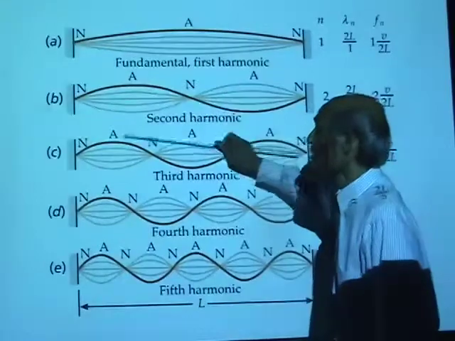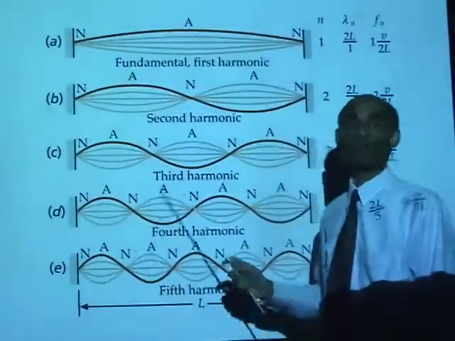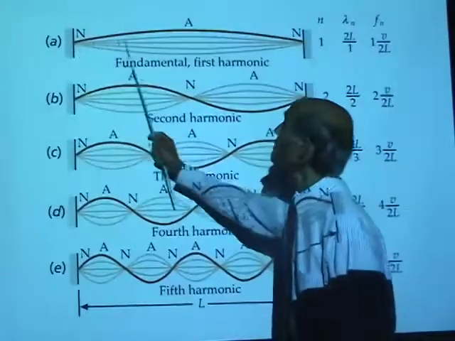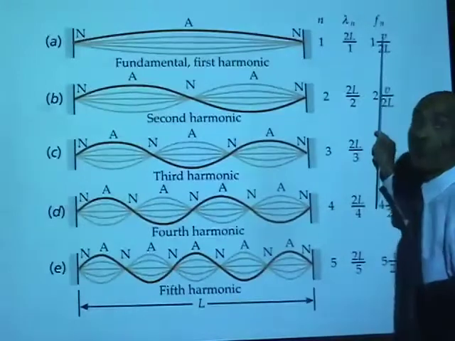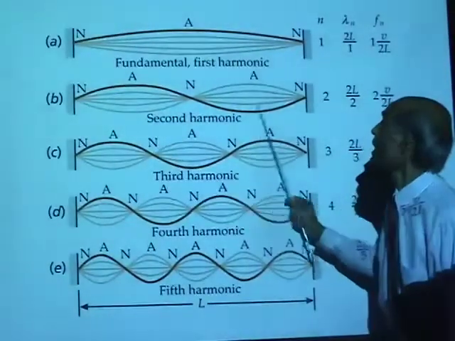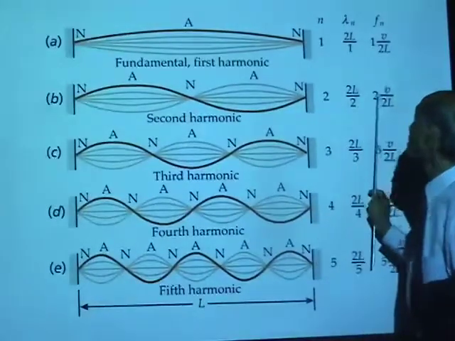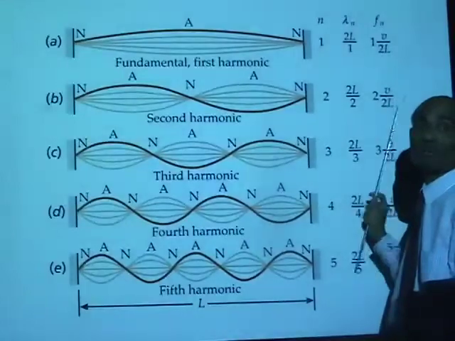Now I have the diagrams illustrating many more modes of vibration. Look at this. The fundamental mode of vibration, the frequency is 1 times V over 2L. The second harmonic, the frequency is 2 times V over 2L, 2 times the fundamental.